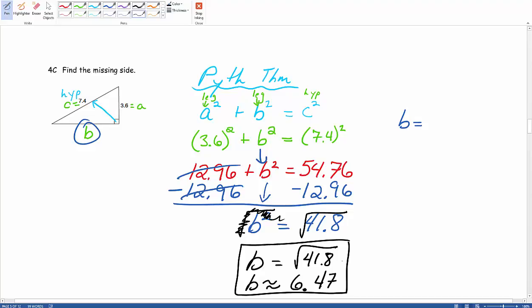So either of these two answers, you will be correct. Again, that is our chapter 1 target for C.